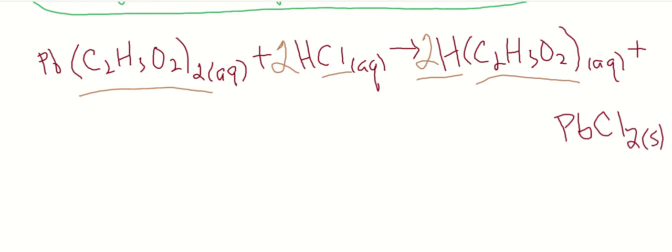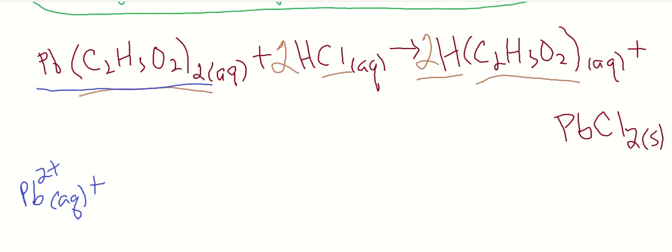All right, so let's just rewrite all of this where the ions are free to float around. The lead has a 2 positive charge, and we're going to put AQ there because it's not in this compound. When it's dissolved in water, it's just free ions.